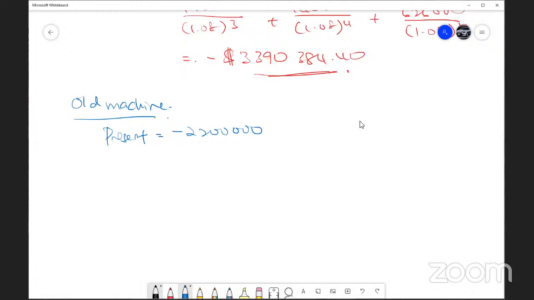If you sell it now, you don't get the full 2.2 million; there is tax on top of it. So what is the actual value? Let's see. The actual value is supposed to be 2.2 million minus the book value of 1.4 million.